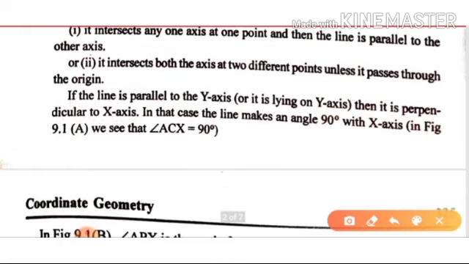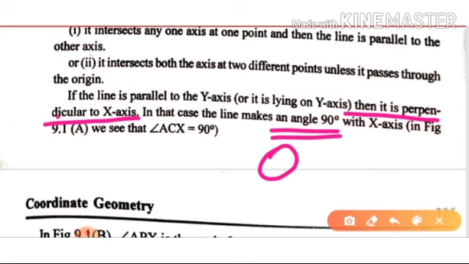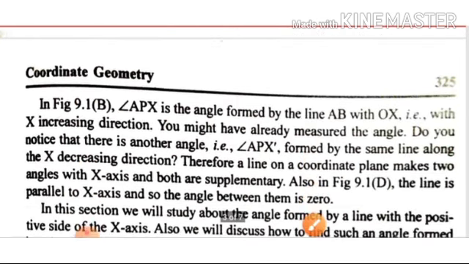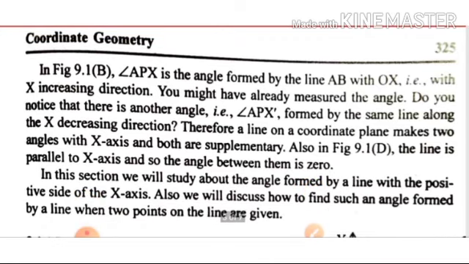If it is perpendicular to the x-axis, the angle of inclination will be 90 degrees, and if it is parallel to the x-axis, the angle of inclination will be 0 degrees. That is what we learned about the angle of inclination.